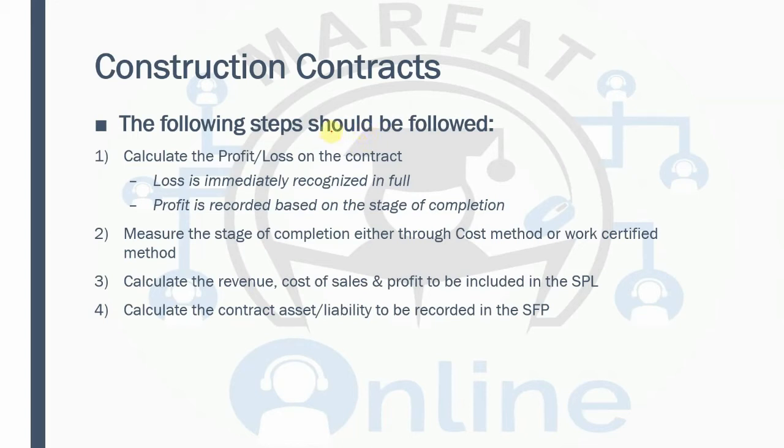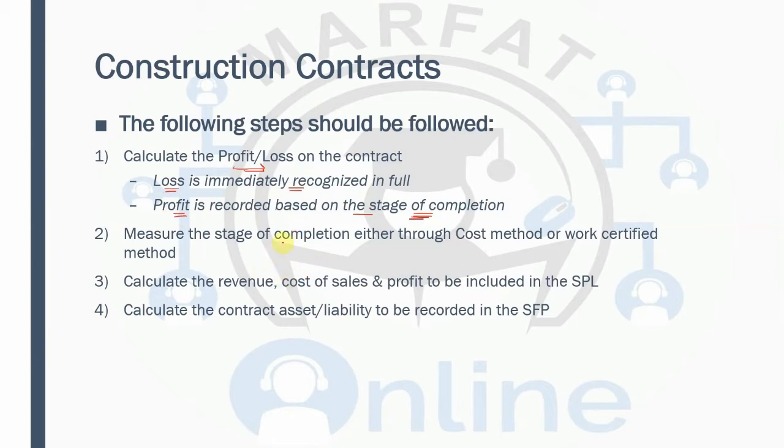The first step is to calculate whether the contract is generating profit or loss. If the contract is generating a loss, the loss should be immediately recognized in full, considering the prudence concept. And if there is a profit, it is going to be recognized based on the stage of completion. That means you cannot record the profit immediately, but the loss will be immediately recognized.